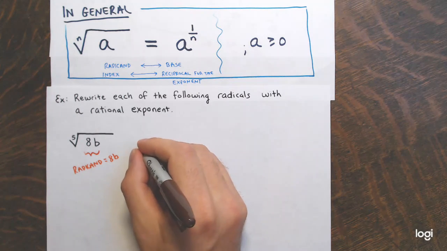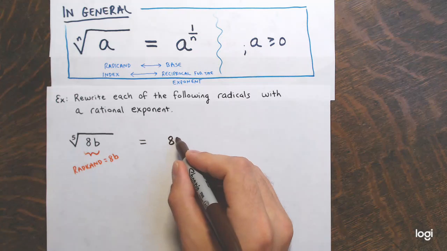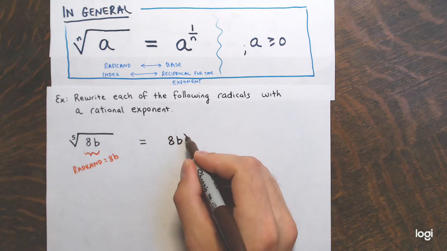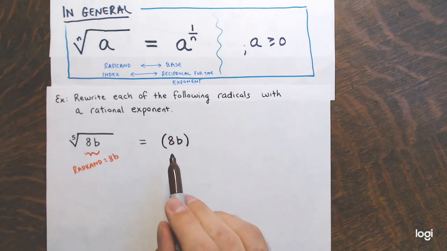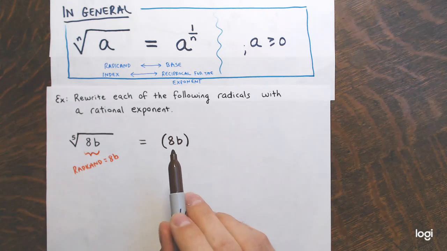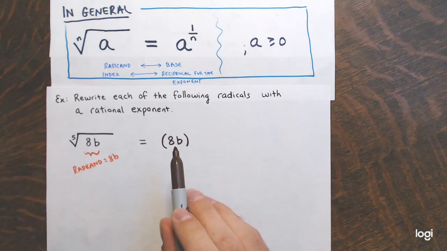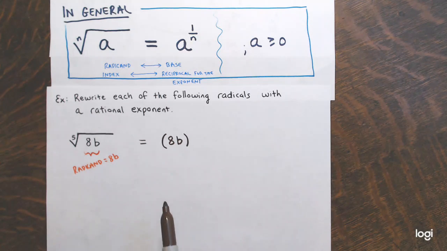So this 5th root of 8b has 8b as the base, and I want that whole thing to be the base. So I'm going to put it in parentheses. Just like with the negative sign before, if you don't put it in parentheses, only the b will be the base, and I'll show you that in a second.